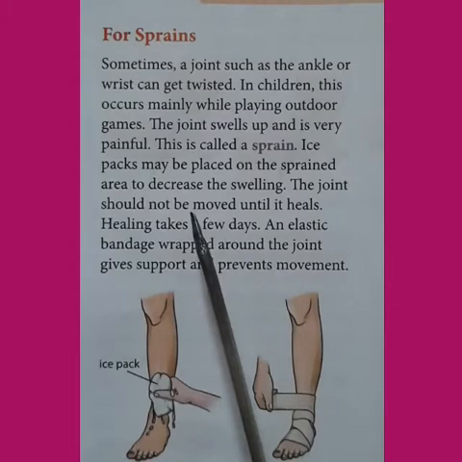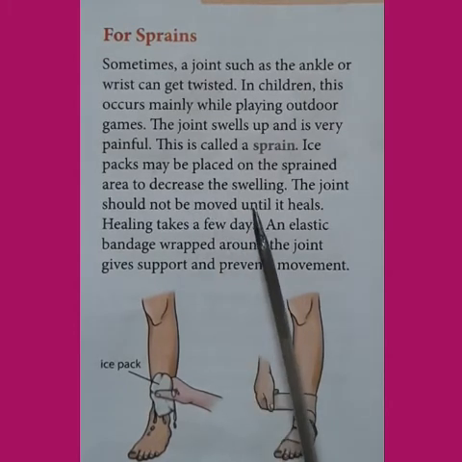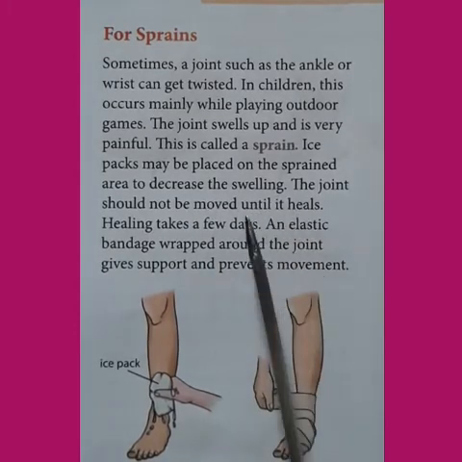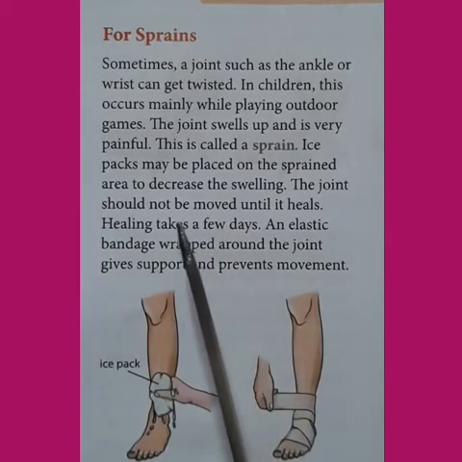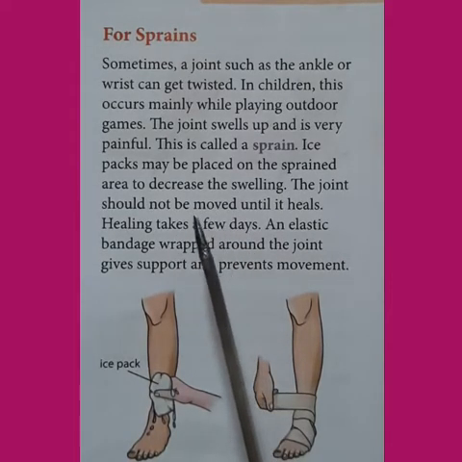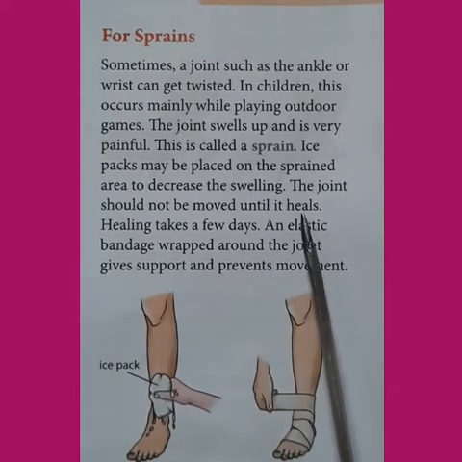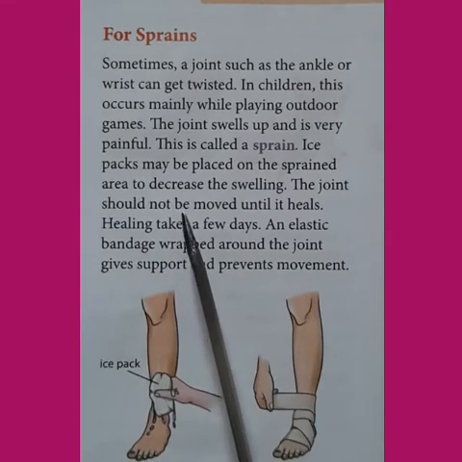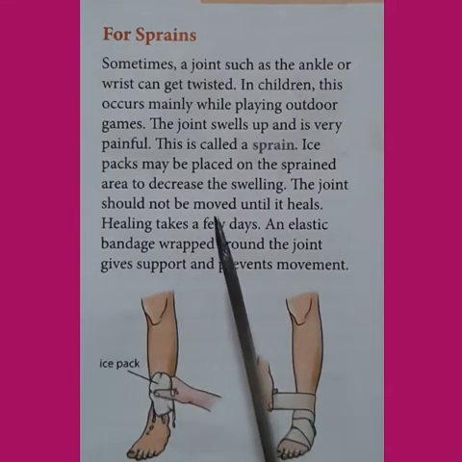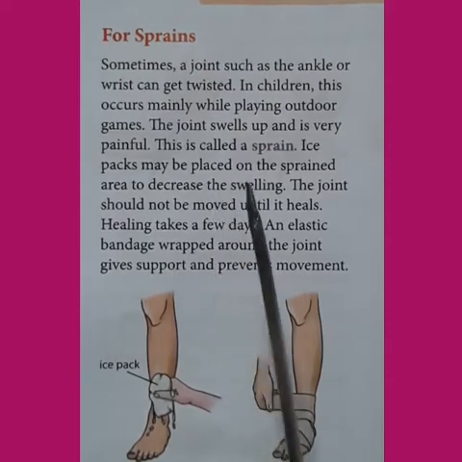The joint should not be moved until it heals. We have to take rest. We must not play until the sprain heals. We must not move the part of the area where we have the sprain.